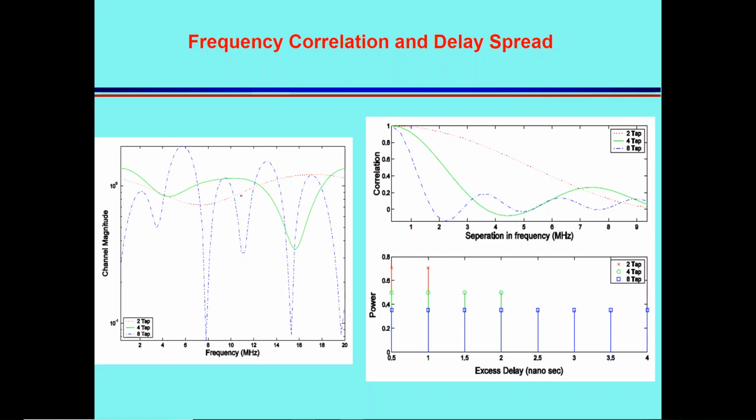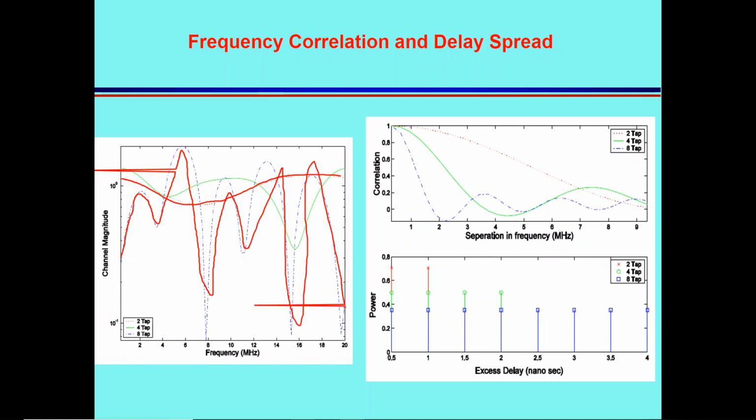For example, the red one seems as if it doesn't depend on frequency. See the variation in the red one, not much. While the blue, see the variations, unbelievable variation. So which one has more delay spread? Of course, the one with more variations in frequency.